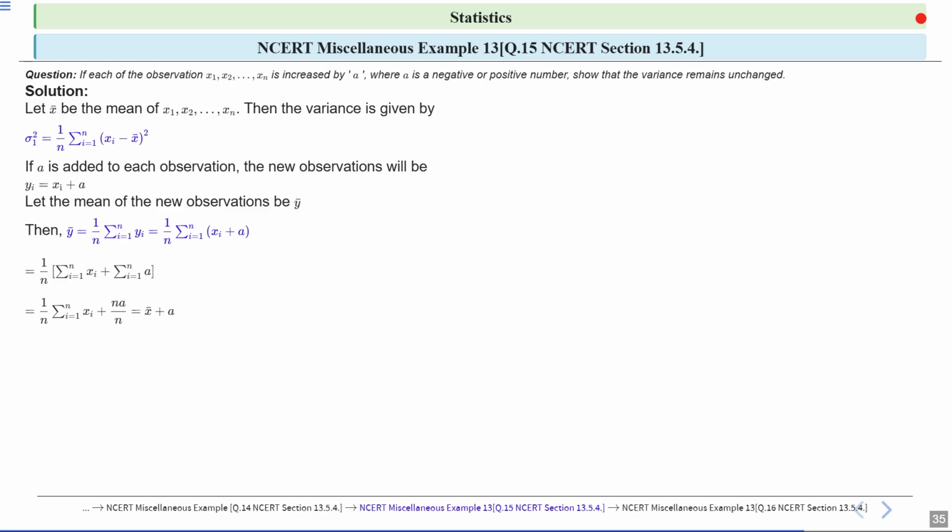So this is equal to 1 divided by n times summation from i equal to 1 to n of xi plus n times a divided by n. This is equal to x bar plus a. That is, the new mean y bar equals x bar plus a.